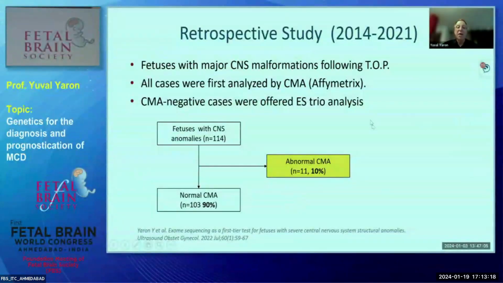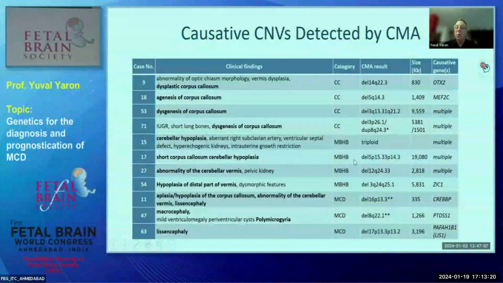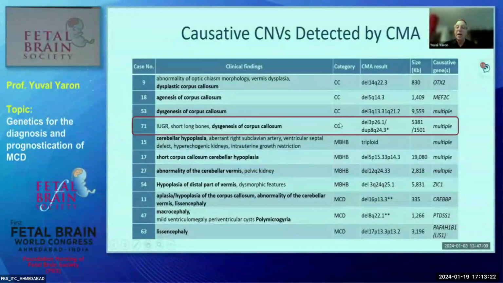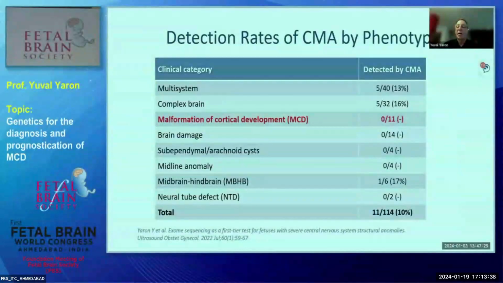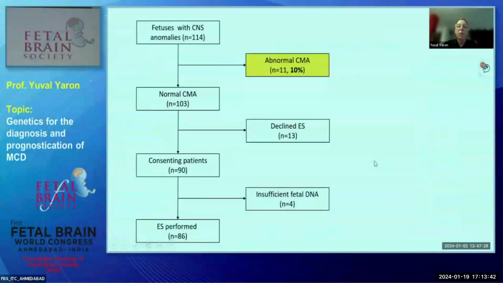And these are the different abnormalities. Most of them would have been deletions. There's one case of an unbalanced chromosomal translocation. So again, copy number variants only account for 10%. And when we look particularly at malformation of cortical development, none of them was detected by chromosomal microarray.